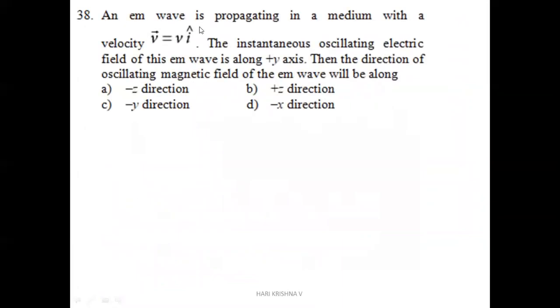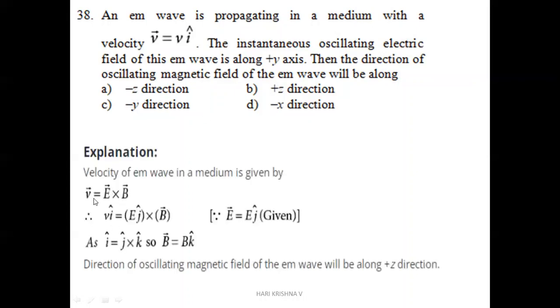Next. An EM wave is progressing in a medium with velocity V equal to V i. If the instantaneous oscillation of the electric field is along the y-axis, then the direction of oscillation of the magnetic field will be? Okay. So here we know that the velocity of the EM wave is along E cross B. In an EM wave, if you take X, Y, Z axes, and the X axis is the direction of the wave, then Y will be electric and Z will be magnetic.